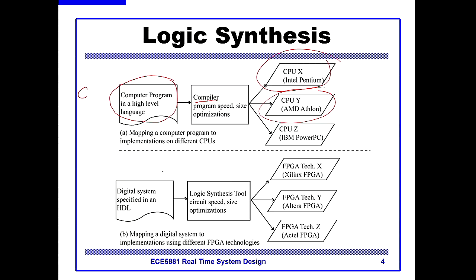And similarly, in digital logic, we may specify a hardware description language view of a system. So then we have the analogous logic synthesis tool, which is another compiler, and it translates that high-level specification and targets a particular device or library of devices.